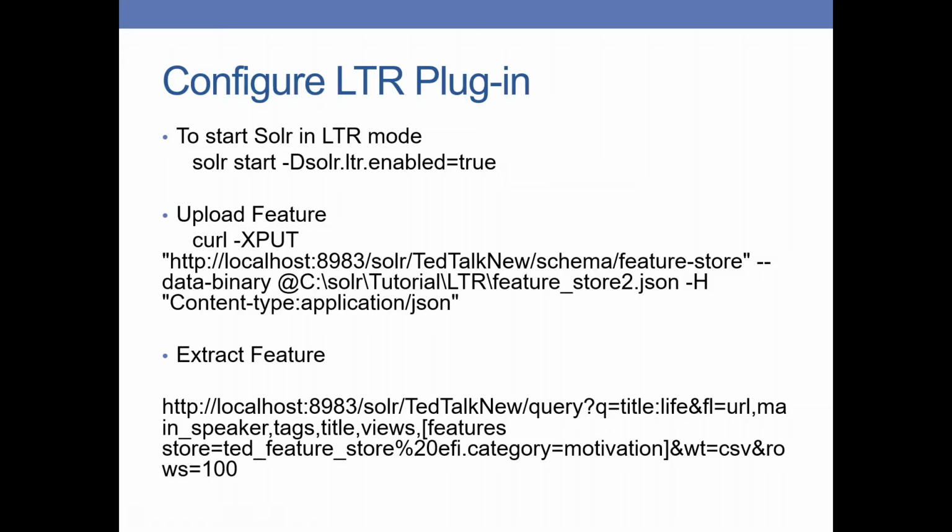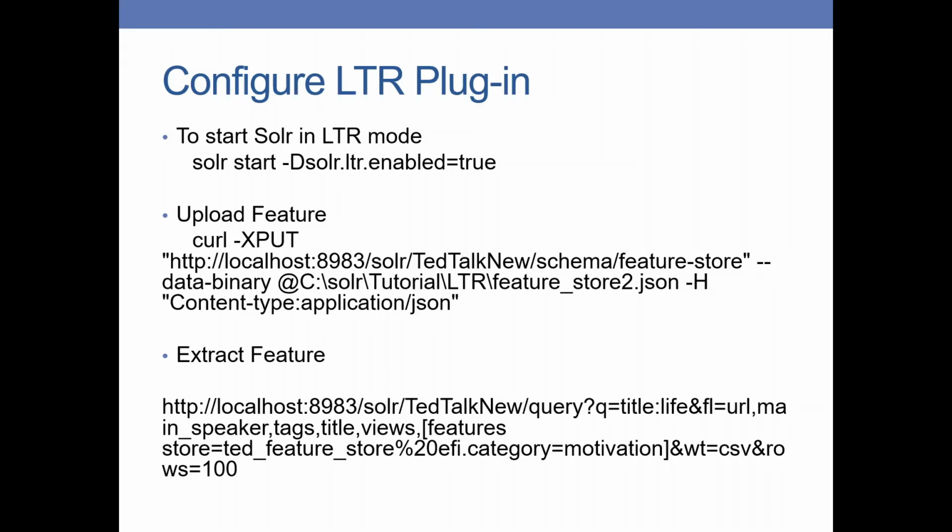Once that is done, the next step is to upload the feature store. Basically this is to instruct Solr what features are to be generated or extracted from the document and query.